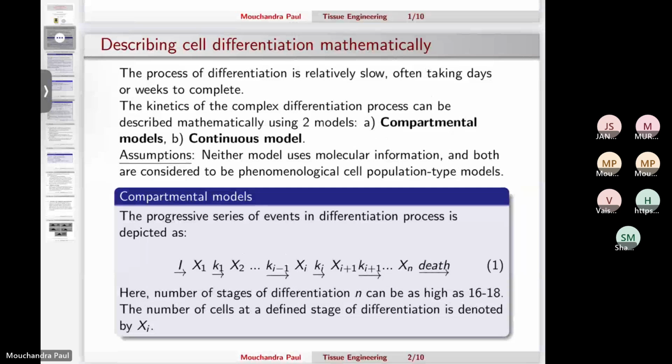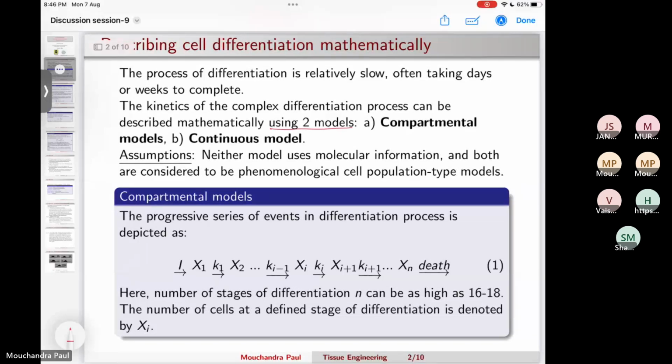Other processes can take a long time. The kinetics of a complex differentiation process can be described mathematically using two models. One is called the compartmental model, another is called the continuous model.